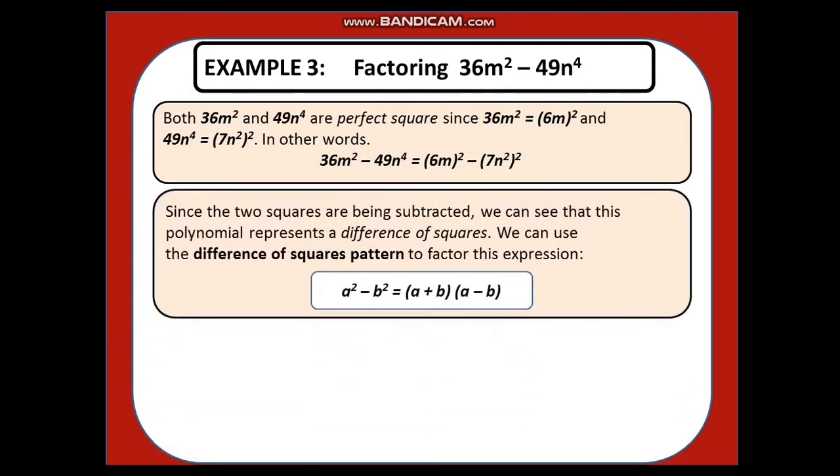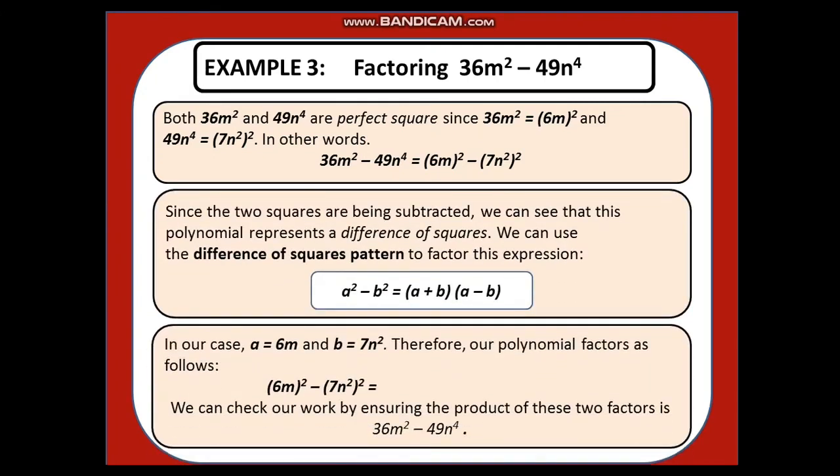Applying our formula, a is 6m and b is 7n squared. So our factored form is 6m minus 7n squared multiplied by 6m plus 7n squared. If you want to check, it will result in 36m squared minus 49n to the 4th power.